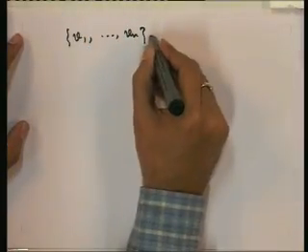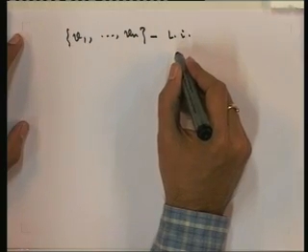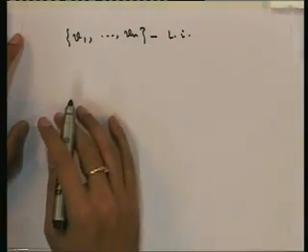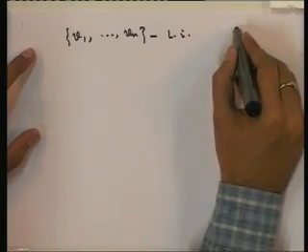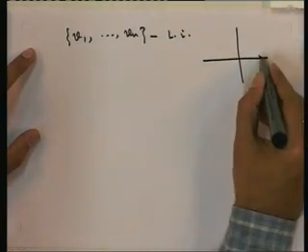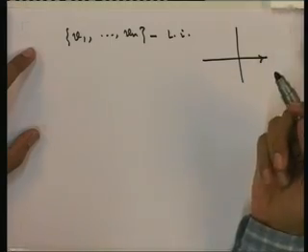Now if we have a set of vectors such that they are linearly independent, for example, like this one point here, this is a single point, it is a non-zero point.